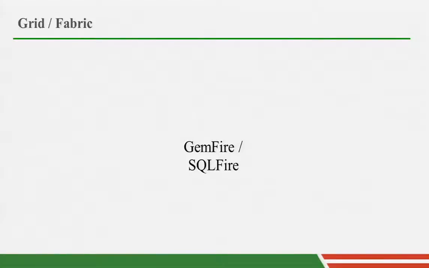So DDD is really applicable here because we're storing domain objects. We're storing domain objects in the fabric, right? Just look at it. Your domain model is serialized and persisted into the fabric.